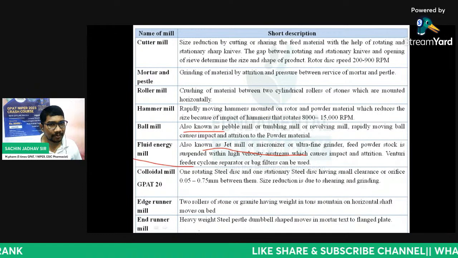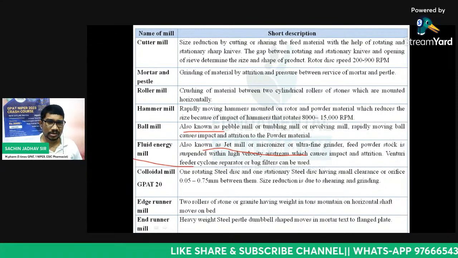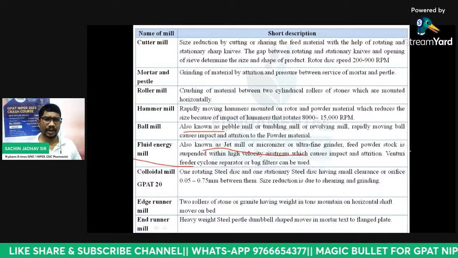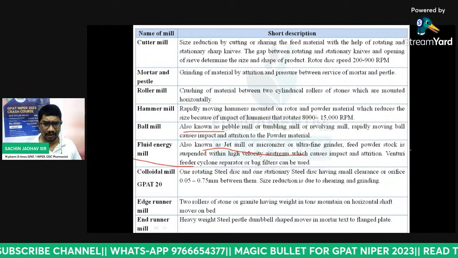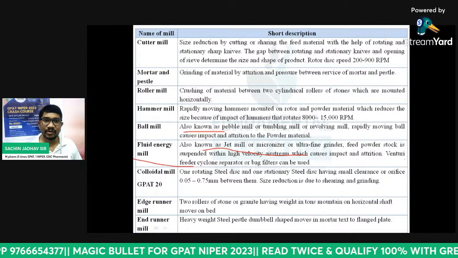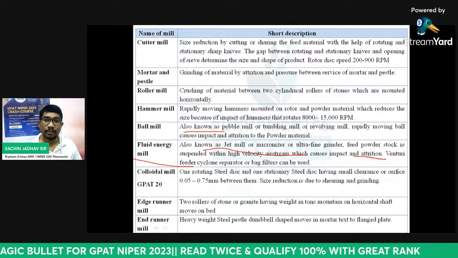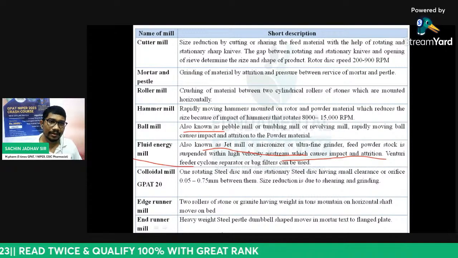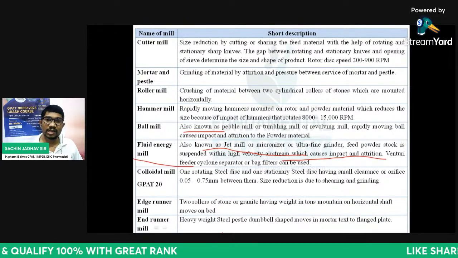micronizer and ultra fine grinder. Look, its synonyms are important. Jet mill is also known as a micronizer or ultra fine grinder. The feed powder stock is suspended within a high velocity airstream which causes impact and attrition. जो भी आपका पाउडर का साइज सिलेक्शन करना है, वो पाउडर with the air suspend किया जाता है.